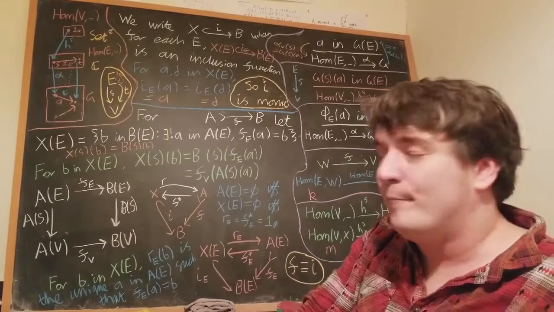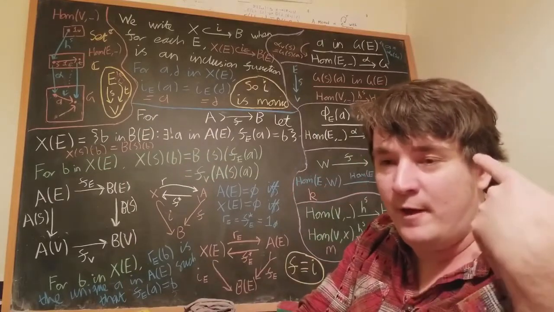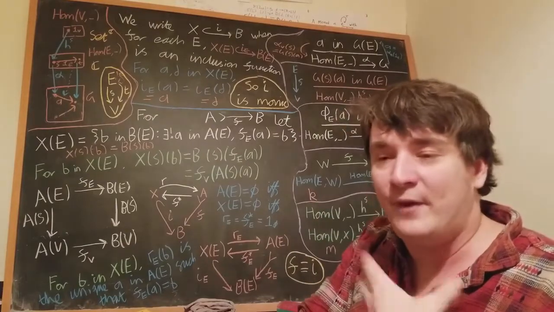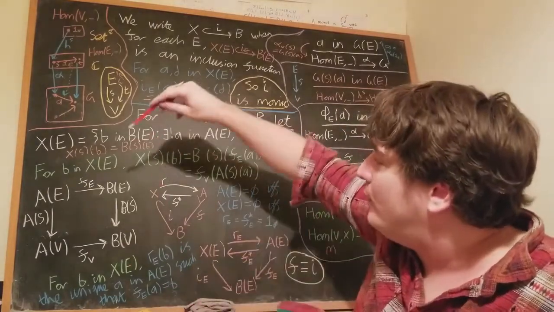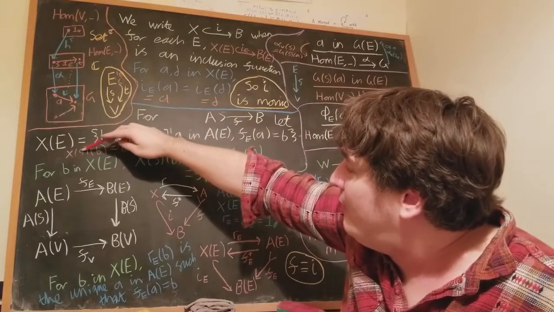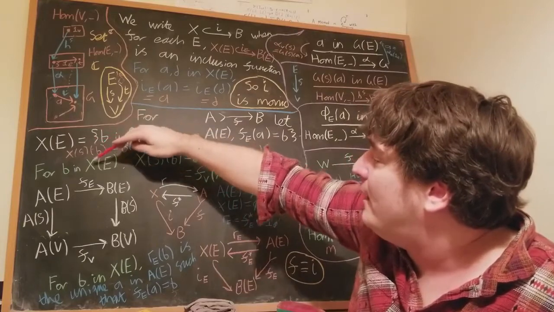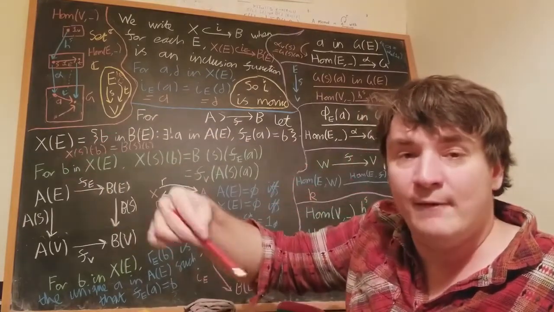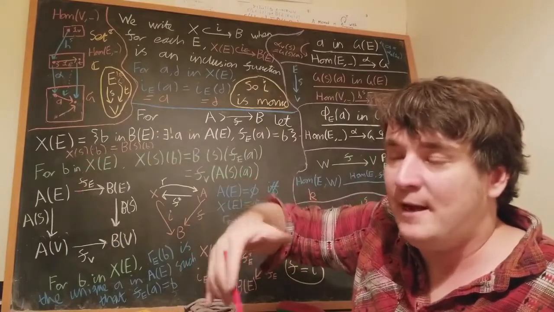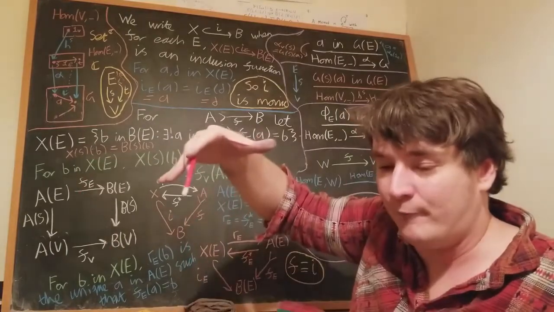Okay, but how do we know that x is going to be closed under this s action? How do we know that doing x of s on some element b of x of E is going to give us an element of x of v? I mean, it's like this issue of a graph, right?